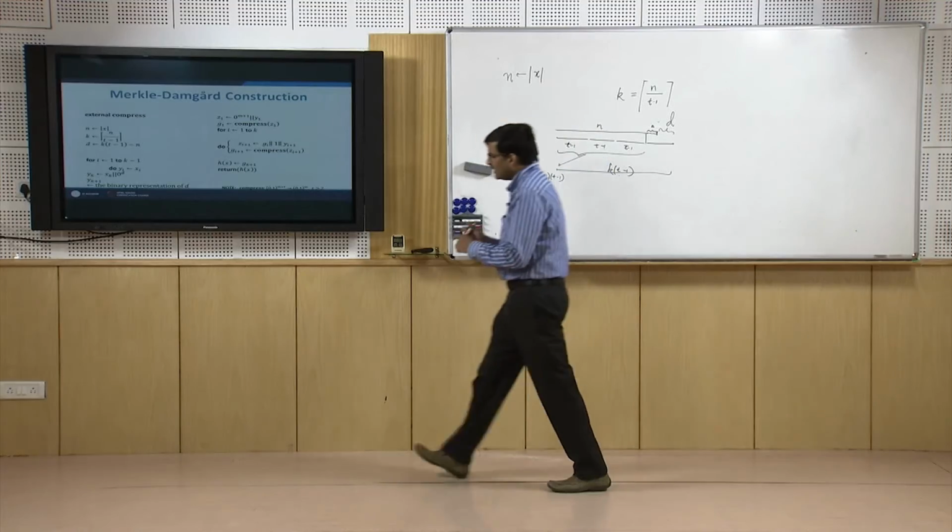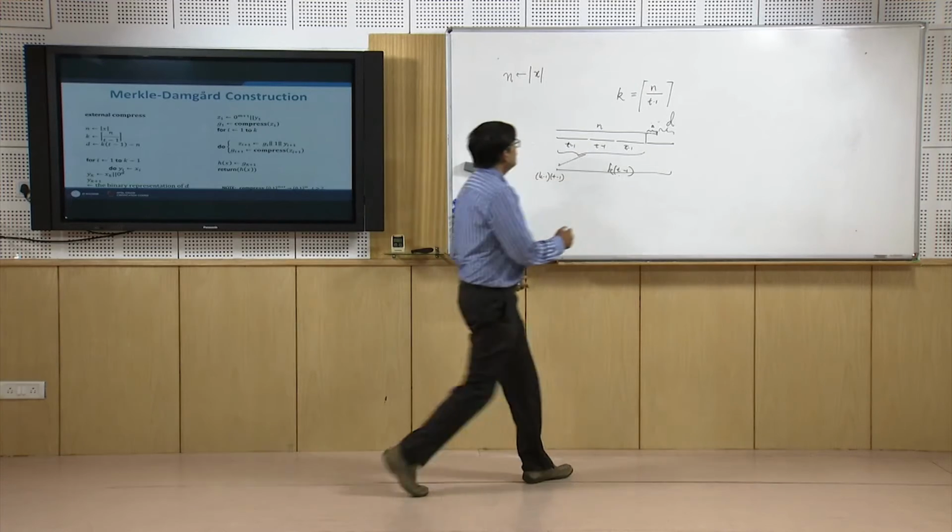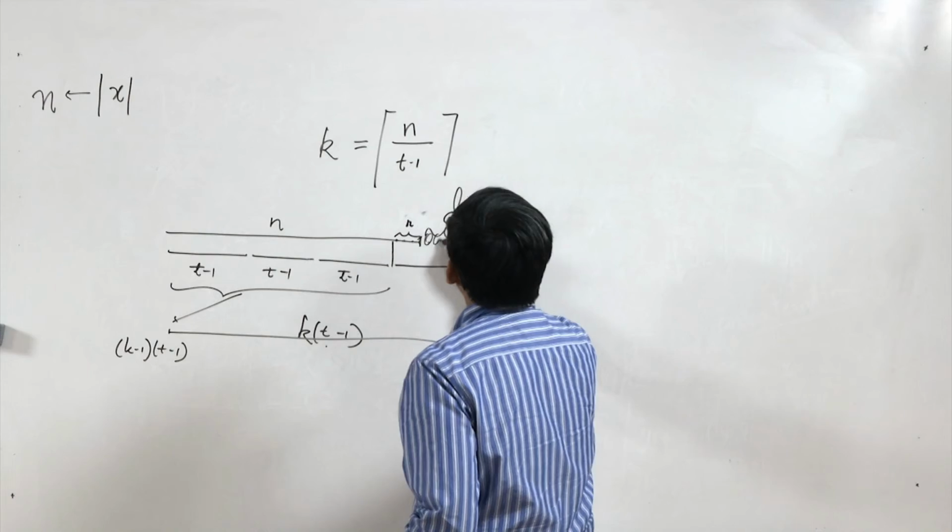So, what we are doing is that up to k minus 1 I am taking yi equal to xi, I am just mapping them, and at the end at k I am padding by d 0 values. So, I will be putting d zeros over here.